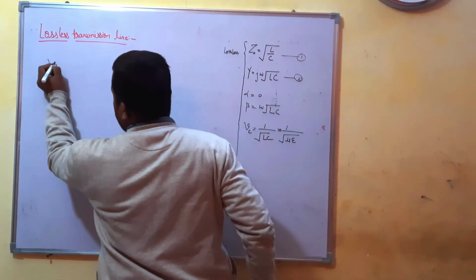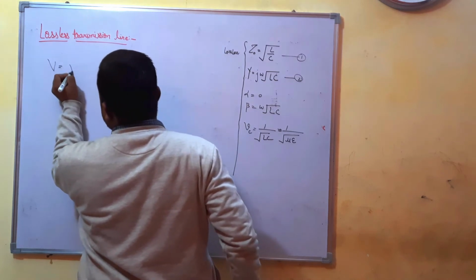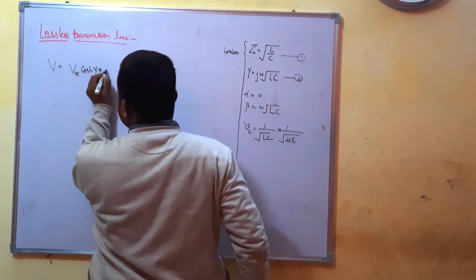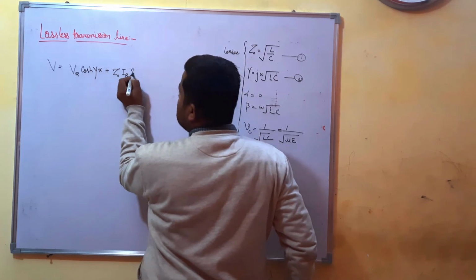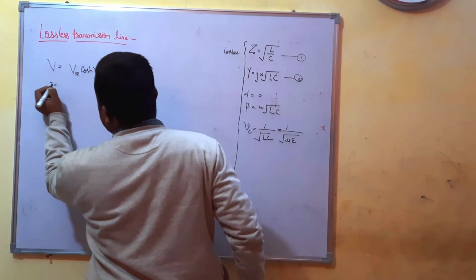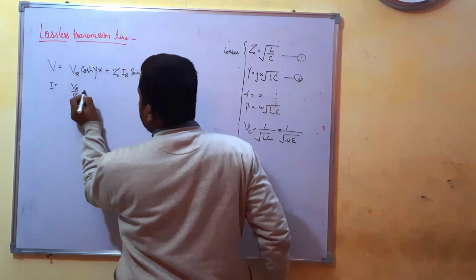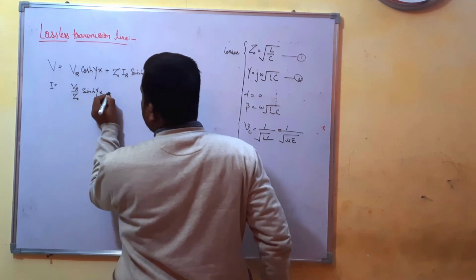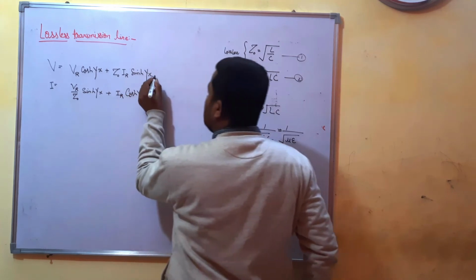We know that V is equal to VR cosh gamma x plus Z0 IR sinh gamma x, and I is equal to VR by Z0 sinh gamma x plus IR cosh gamma x.